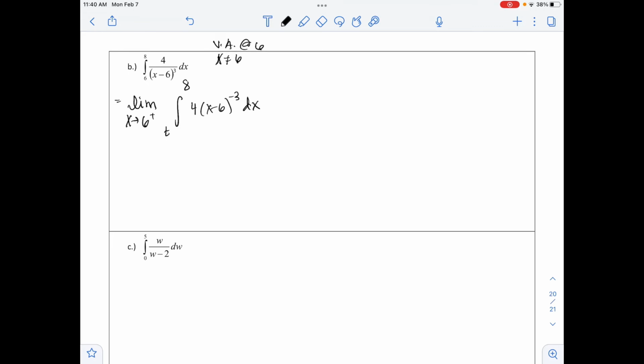To integrate this, we're going to let u equal x minus 6 and du equals dx. We'll change those limits of integration momentarily, but don't forget to write limit. And we're going to have the integral of 4 u to the negative 3rd du.